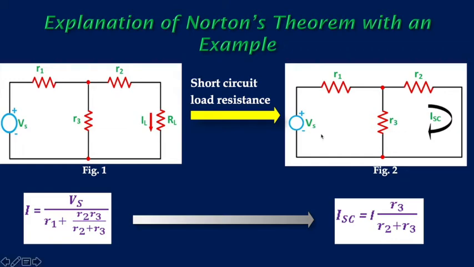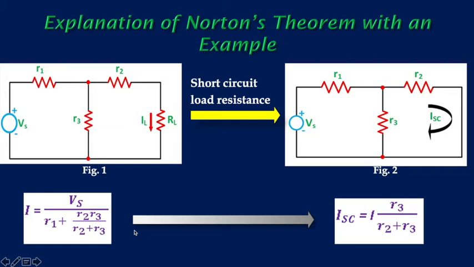The total current flowing through the circuit is found from the equation I equals total voltage Vs divided by total resistance, R1 plus R2 and R3, which are in parallel, so R2 into R3 divided by R2 plus R3.